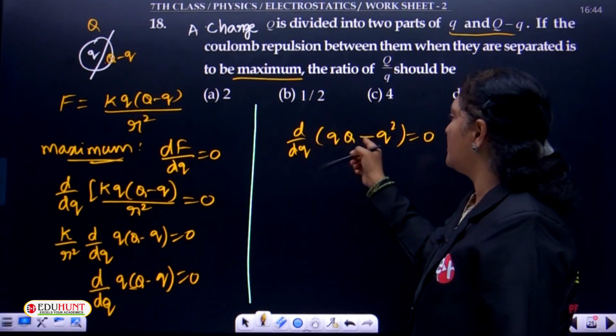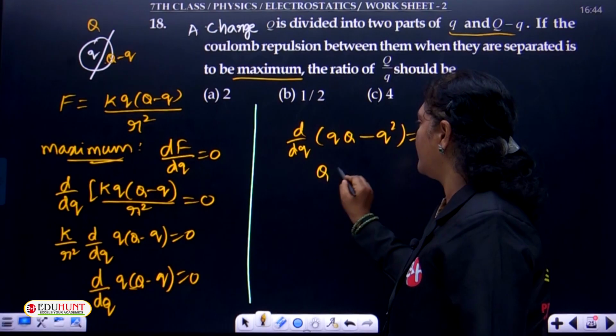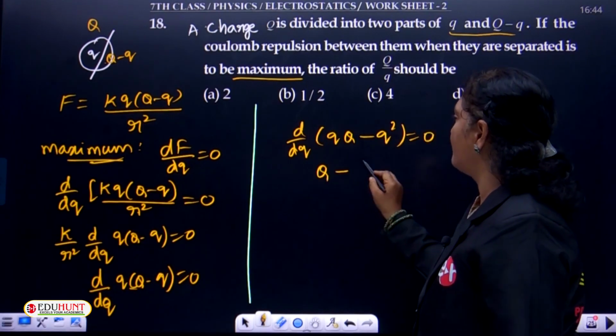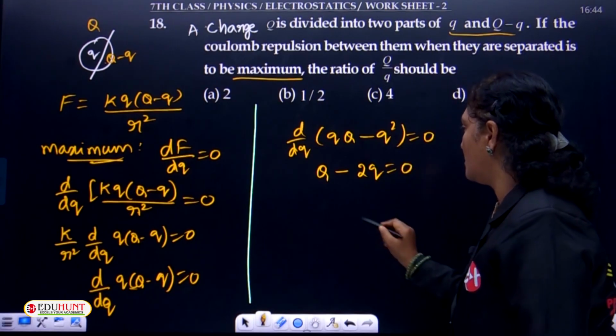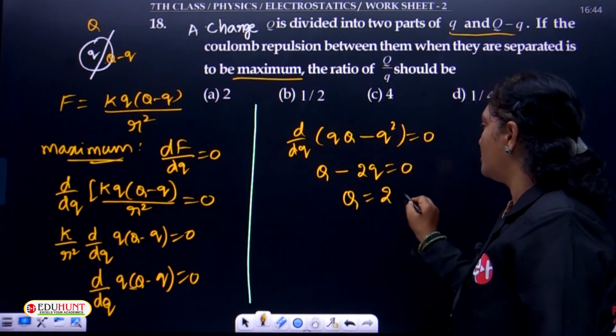Derivative of q into q can be written as capital Q minus derivative of this q square can be written as 2q equals to 0. Our capital Q is equals to 2q.